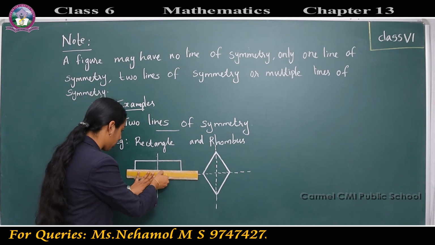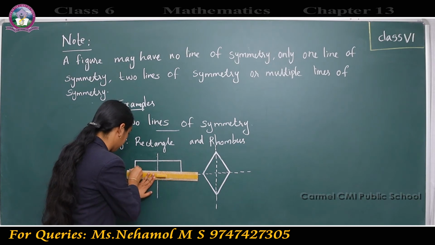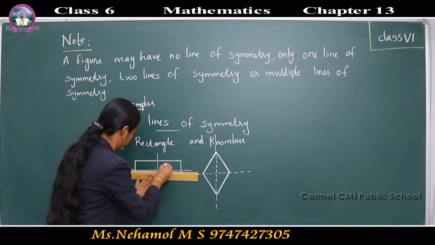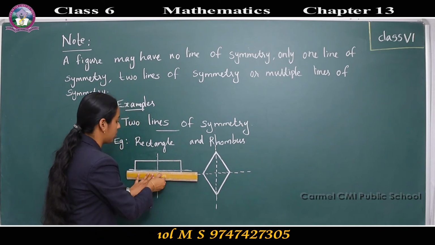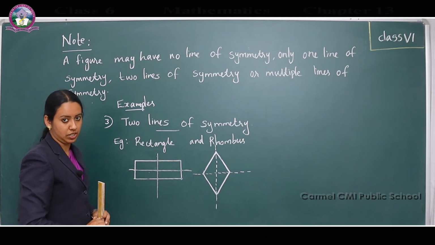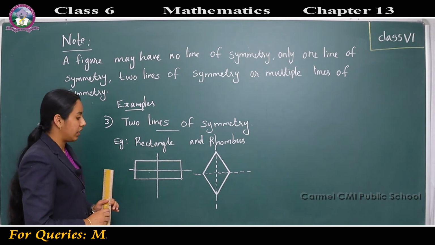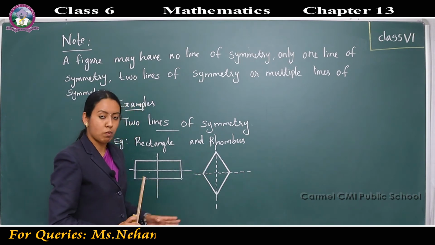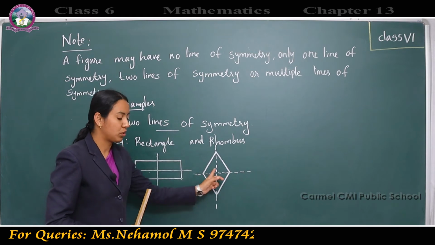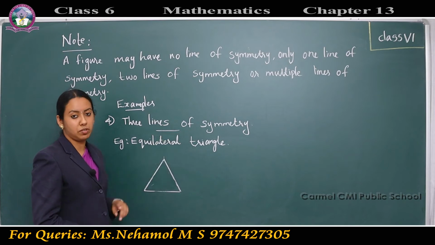Then we can draw horizontally also. So for a rectangle, it has two lines of symmetry, vertically and horizontally. Then next one, rhombus. For a rhombus also, it has two lines of symmetry.